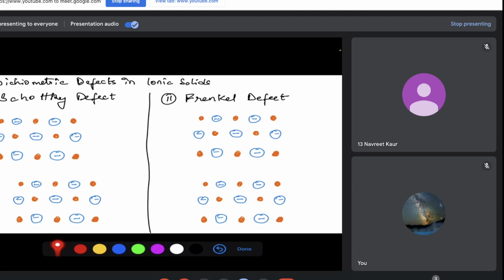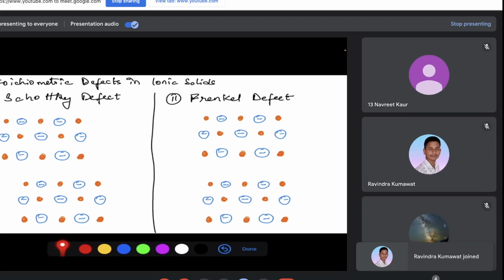If I go through this demonstration to understand the Schottky defect, this defect is also known as a point defect. Why? Because we observe it when an equal number of cations and anions are both missing from the lattice points. The presence of the Schottky defect does not change the stoichiometry of the crystal.